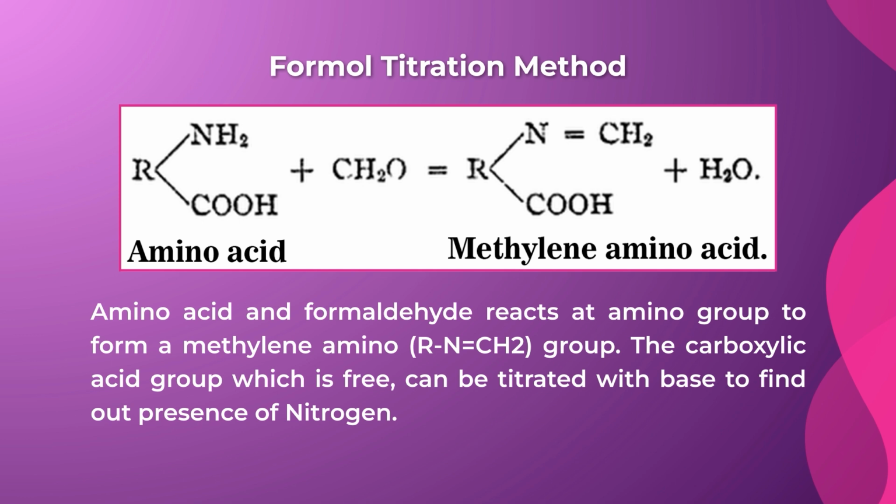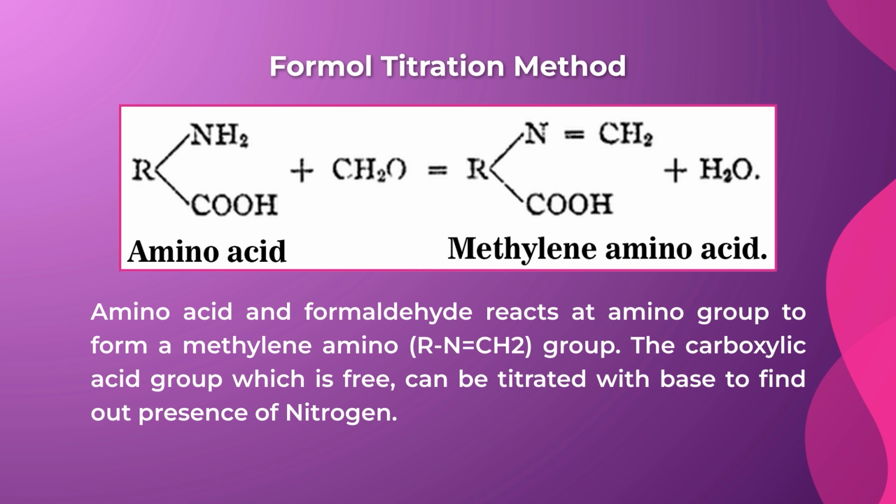After reacting the amino acid with formaldehyde, this group will have one carboxylic acid free, whereas the amino group is already bonded with the methylene group. So after reaction, the end product will have the carboxylic acid free. That can be titrated with the base.